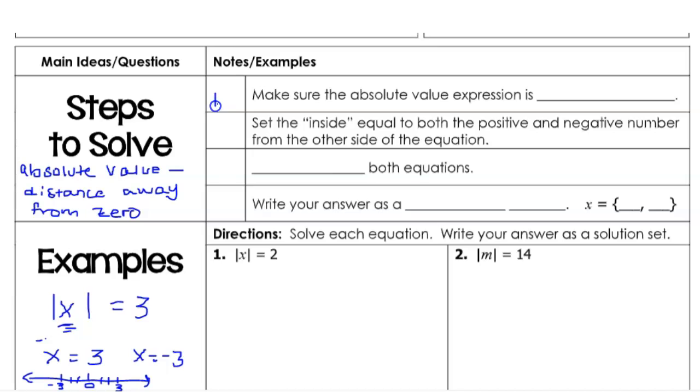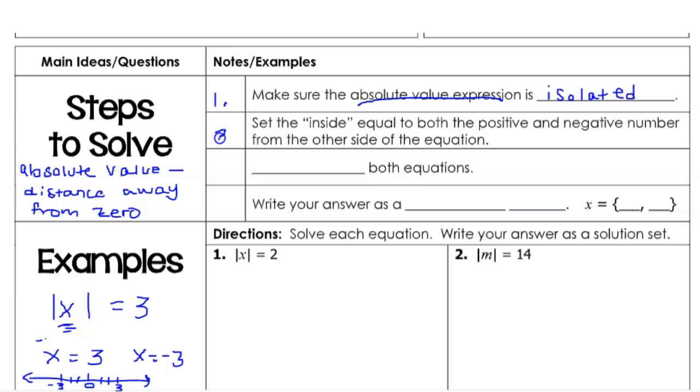Your first step is to make sure the absolute value expression is isolated. Isolated means that it is by itself. Just like we want x by itself, we want to make sure the absolute value expression is by itself.